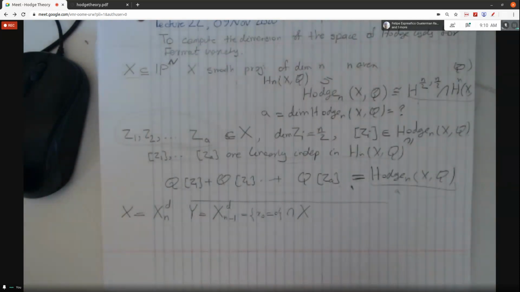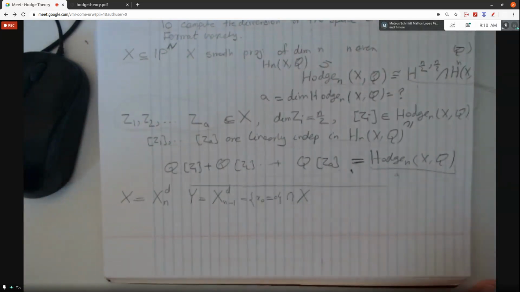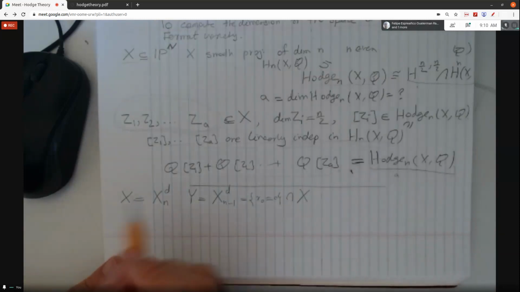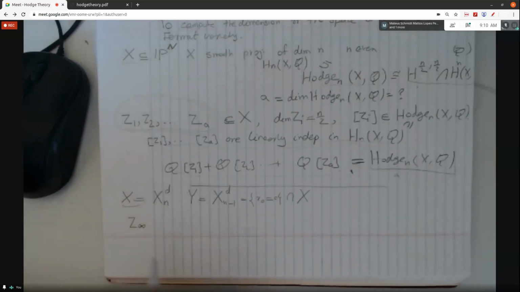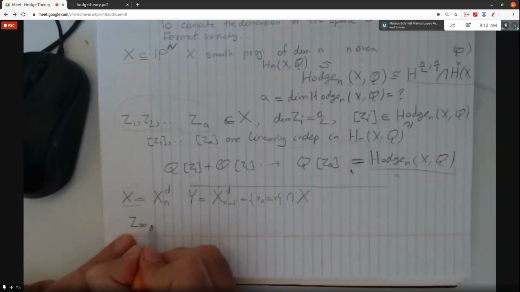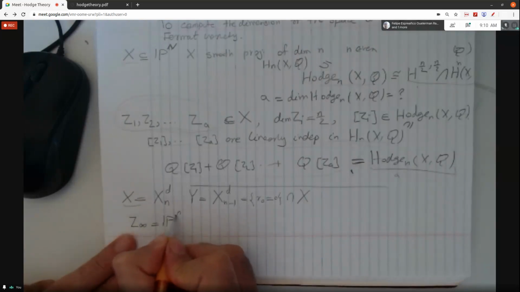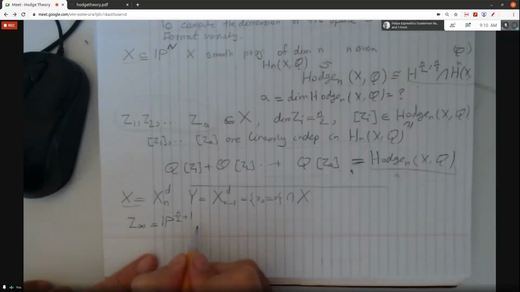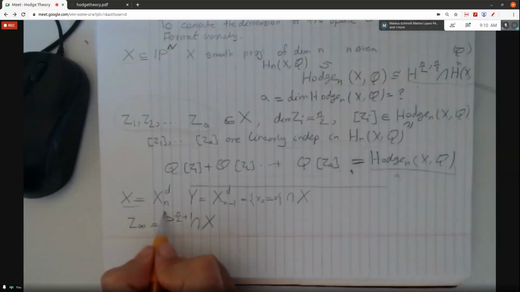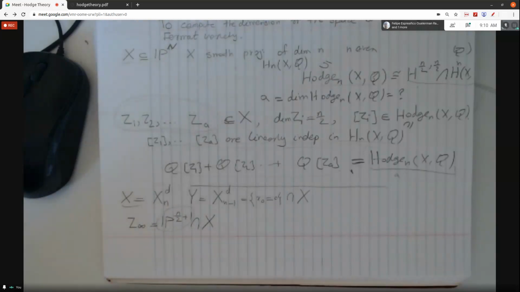Okay, so let me say a few words. In general, the most famous algebraic cycle that we have in a variety, let's say in a hypersurface, is the intersection of some linear P^(n/2+1) intersected with X. So it doesn't matter which projective space we take, because at the end we will take the homological class of Z infinity.